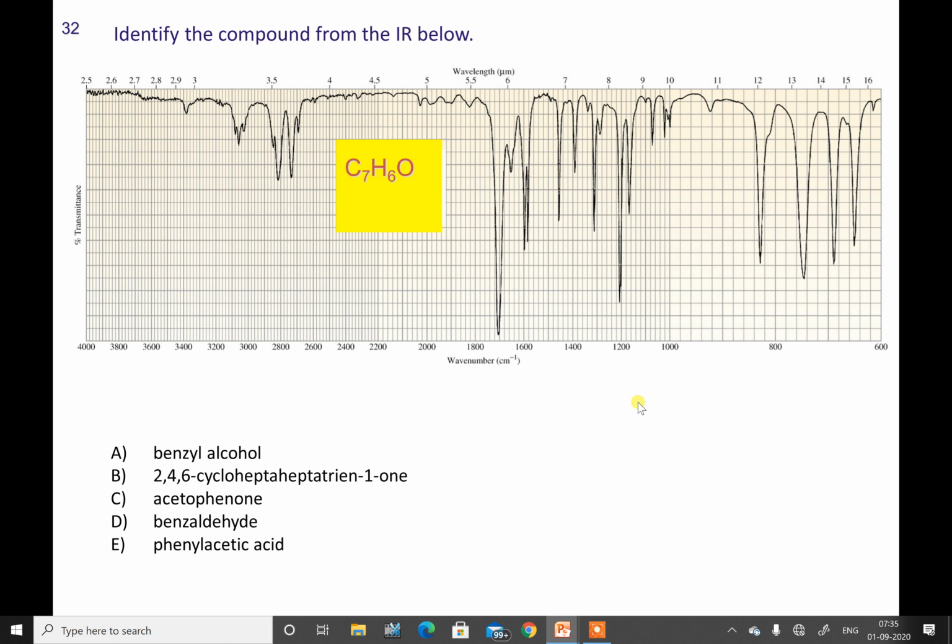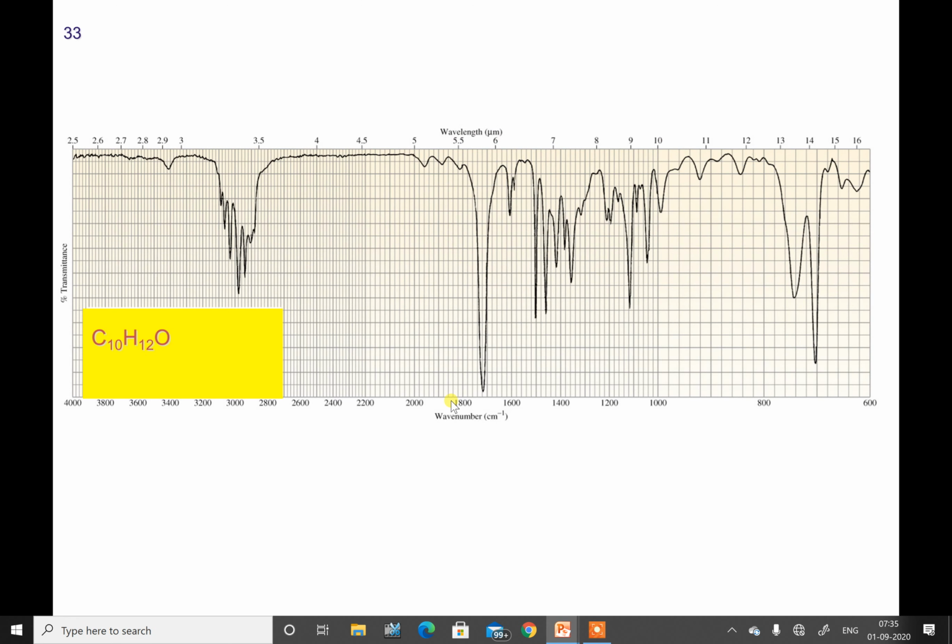So one has to really think what it is, and the answer is it is benzaldehyde. This peak is very much of the aldehyde, and this is also talking about both the aryl and alkyl stretching vibrations.